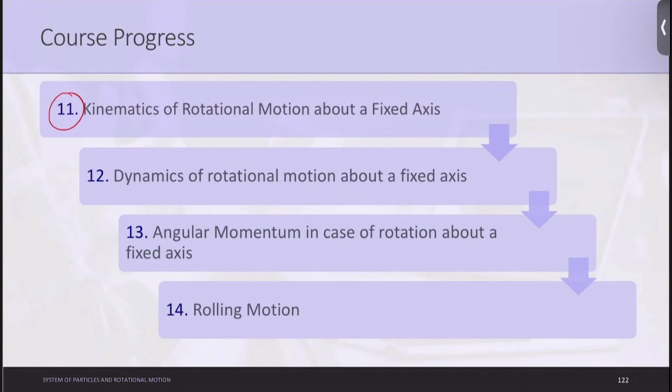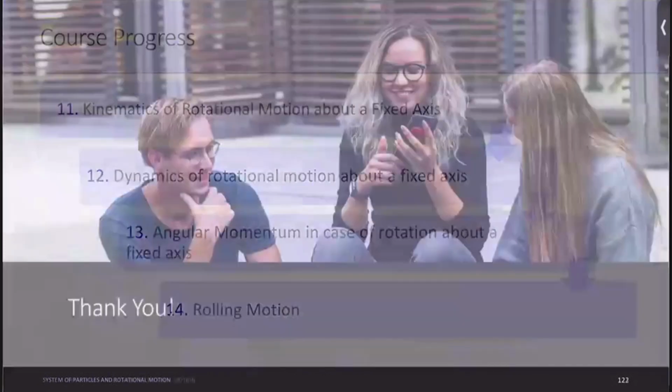So all those kinematic equations will be derived again, or put analogous to the translational motion, and different concepts will be understood there, referring to the same concepts which you have learned, such as omega, alpha, t, etc. Fine. That being said, we'll move on to one of the interesting concepts regarding the dynamics of rotational motion, angular momentum in case of fixed axis, usage of conservation of angular momentum, and finally rolling motion. Fine.